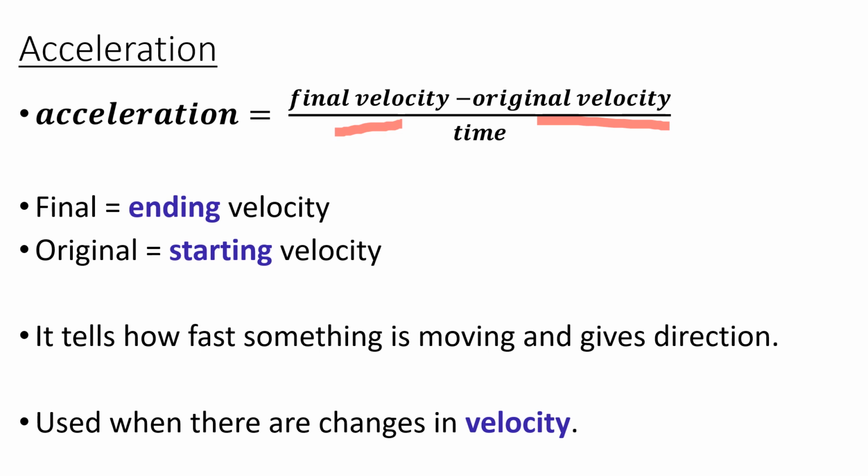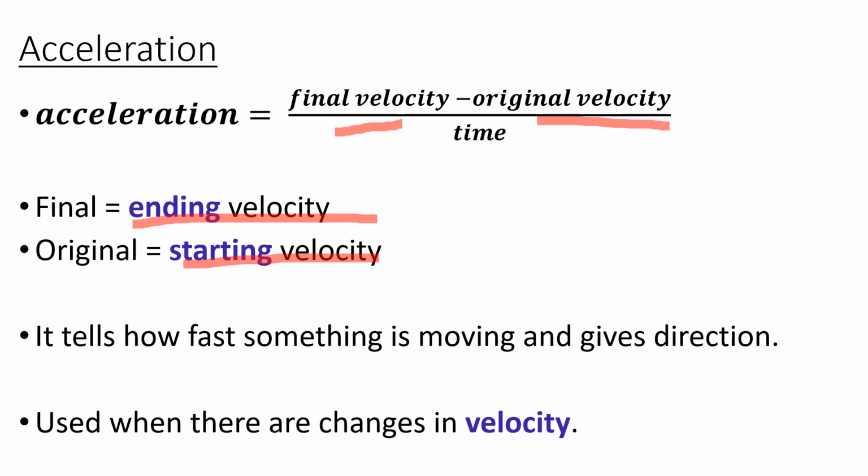So how do we know if an original velocity in acceleration, it is final kung ending velocity? If original, starting velocity. Okay? It tells how fast something is moving and gives directions. Used when there are changes in velocity.